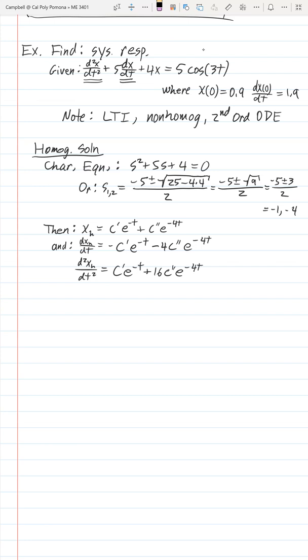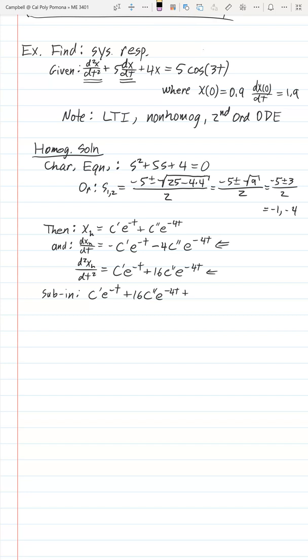And so going ahead and substituting in, we simply get our second derivative straight on in, since it has a unity coefficient, c double prime e to the -4t. Then we have 5 times now this guy.